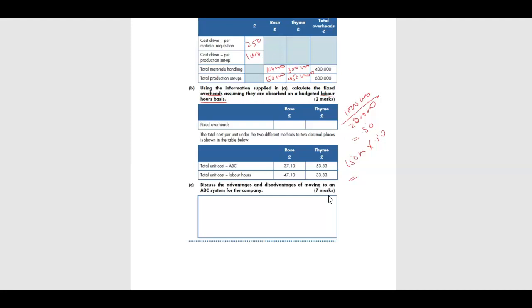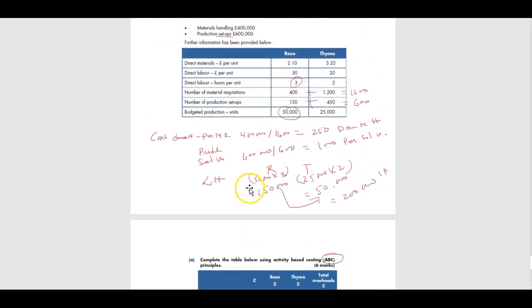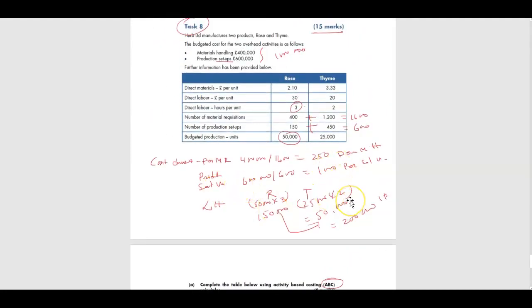So 750,000, and the rest, we need 50,000 hours for the theme, so it should be 25,000 times 50,000, so that will give me the rest, that is 250,000.